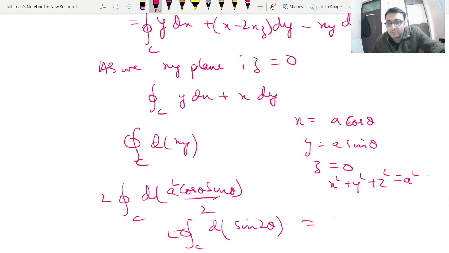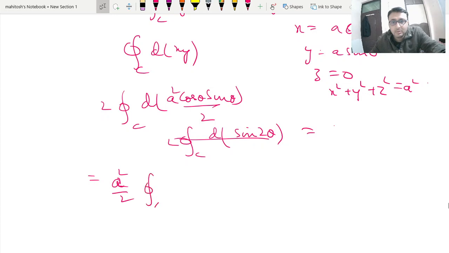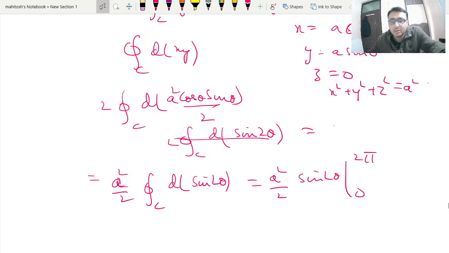Okay, so if you write this here, that is 2 times, we're writing it a square by 2 upon this integral sine 2 theta. So this is a square by 2 and our limits are from 0 to 2 pi for this circle.